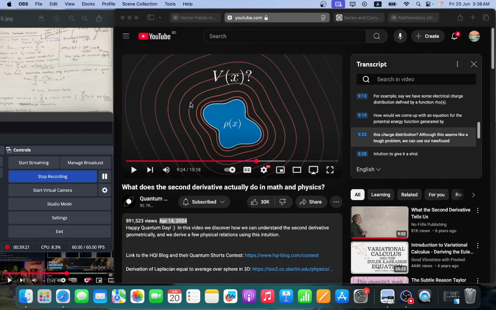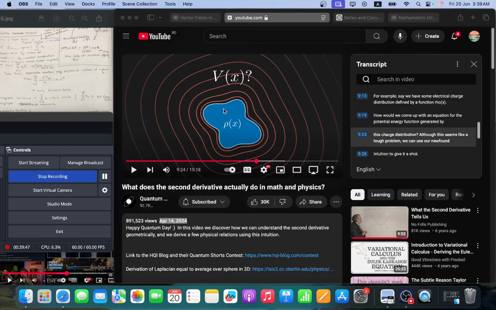Okay, this is interesting because this takes me back to electricity and circuits, thermodynamics, stuff like that. So the idea here is, for example, we say we have some electrical charge distribution defined by a function rho of x.